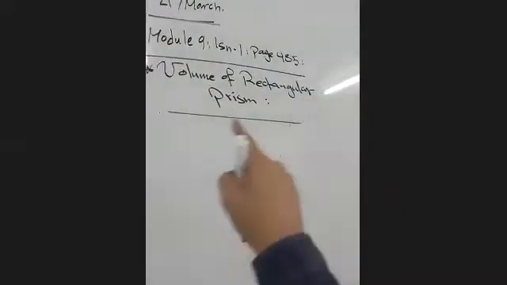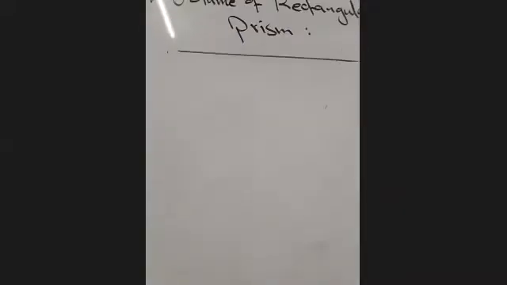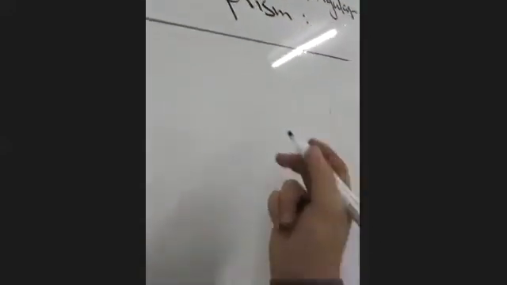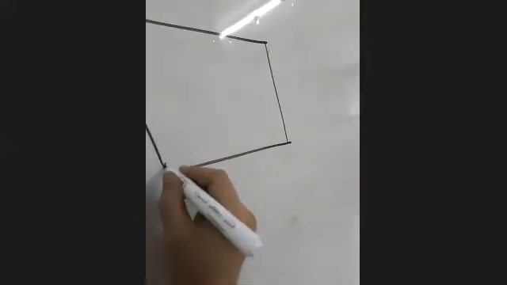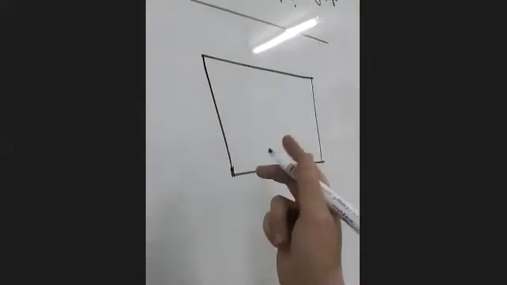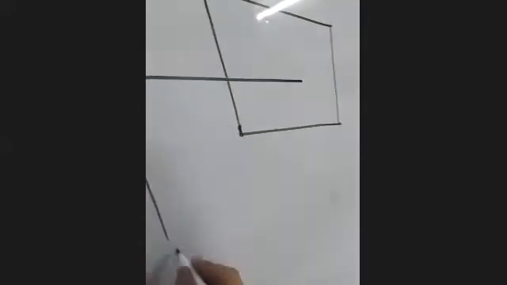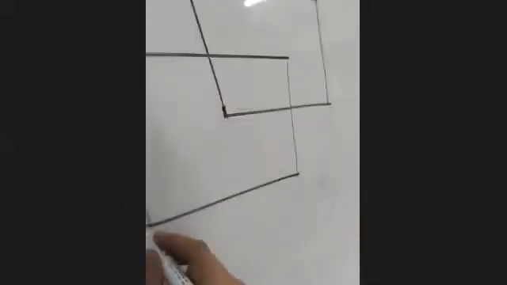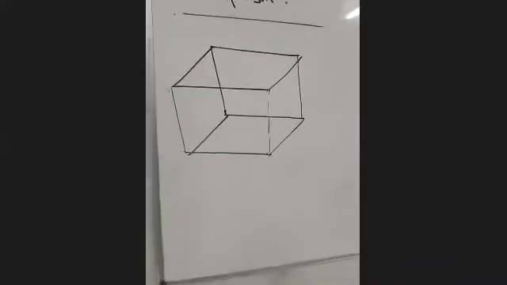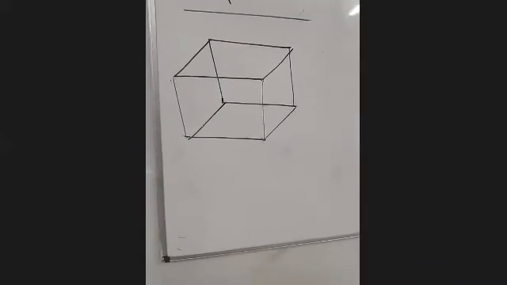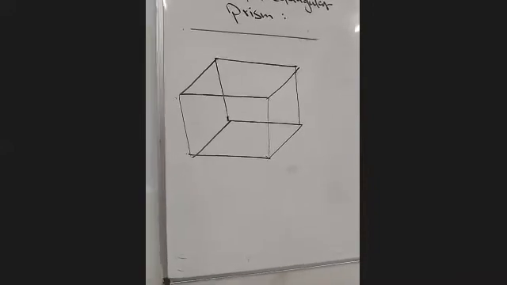So let's go back here. The volume of a rectangular prism. I will graph a rectangular prism to know its dimensions. Base up. This is a box. Rectangular prism. I have 2 bases.